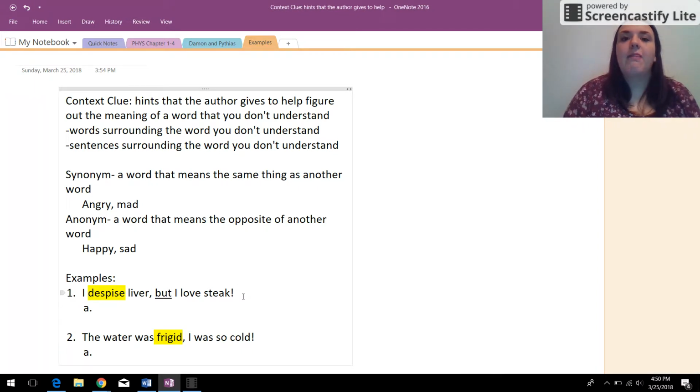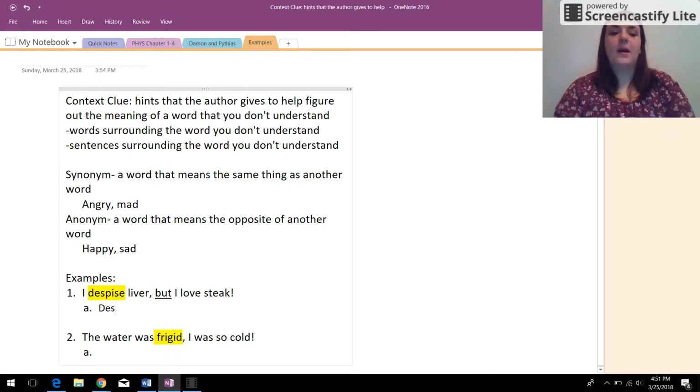Well, we know that love means really, really like. So if we know that he really, really likes steak, but he despises liver, "but" is the word we're looking at, because that's the word that makes it contradict. It goes against that he really loves steak. So the opposite of really love or really like is doesn't like.